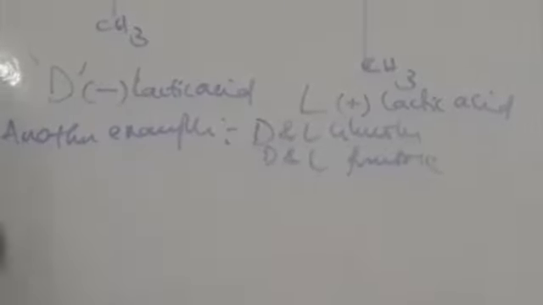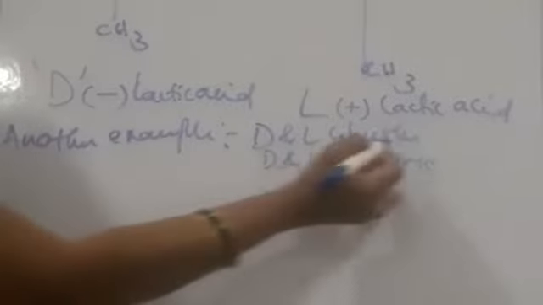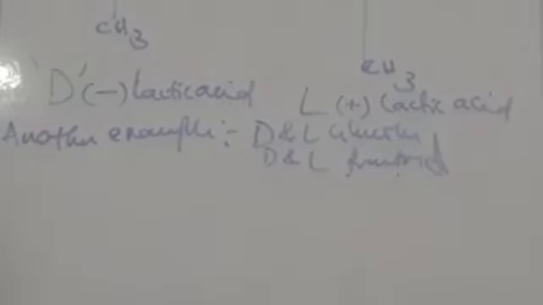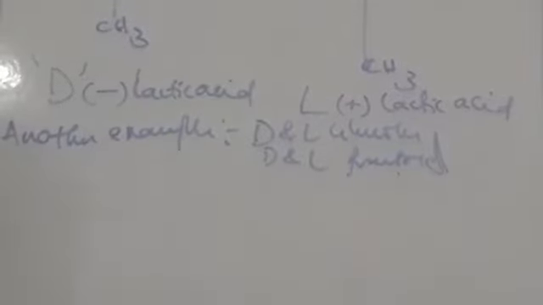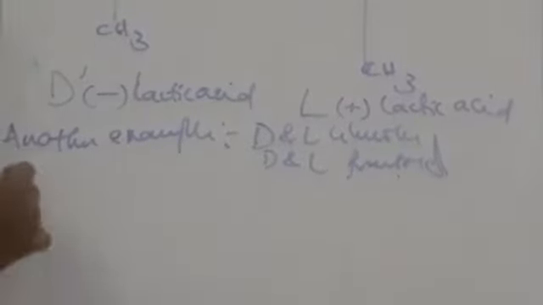So that is purely basing upon the structure of OH group. If OH group is present at the right hand side, that is D. Left hand side, L. Okay. So D and L notation is applicable for carbohydrates, glucose and fructose. These are carbohydrates and also amino acids. Mainly, so application of D and L notation for these compounds mostly. Okay. Next, erythro and threo configuration.